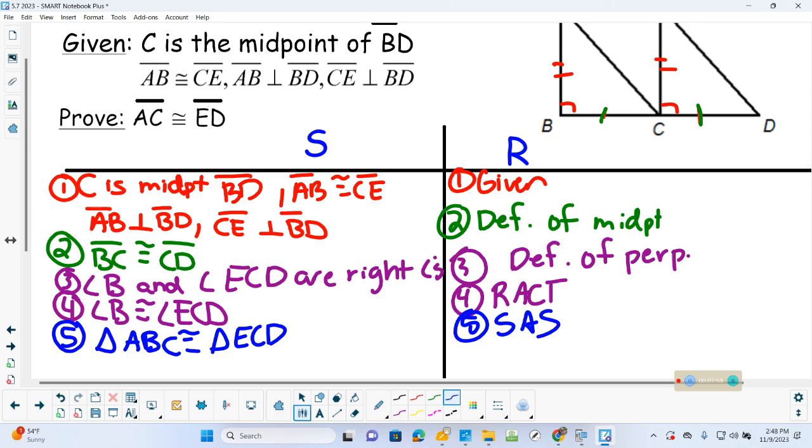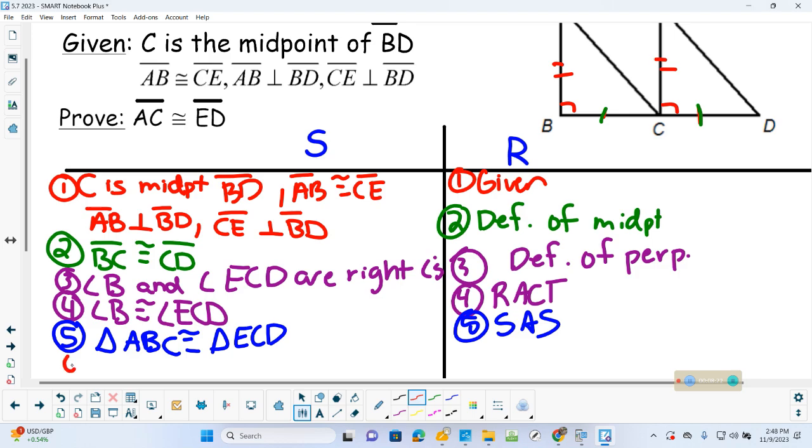And just when you think you're done, is that the proof line? No. Okay, here it comes, my friends. Well, if the triangles are congruent, aren't the parts congruent? So I'm looking at this, I'm like AC, oh, ED, just like our warm-up problems, are corresponding parts.